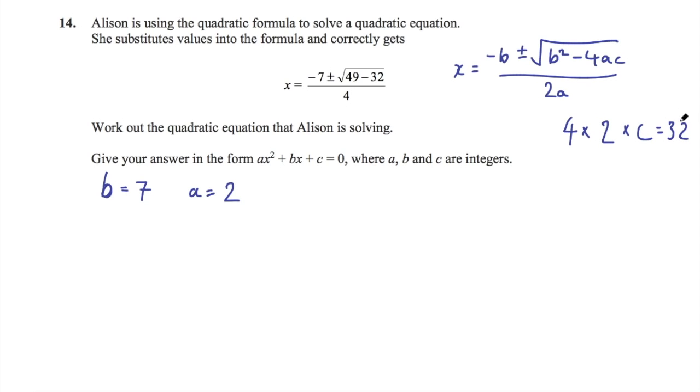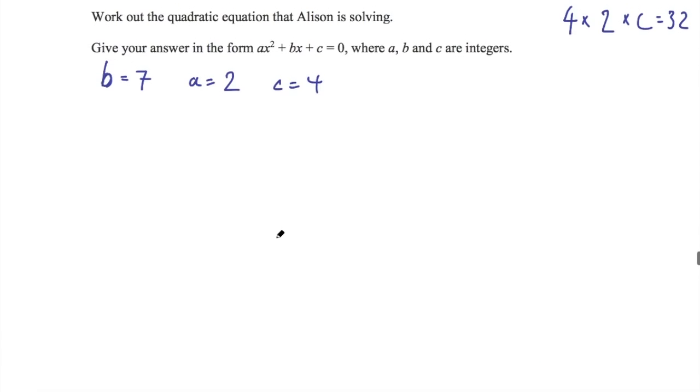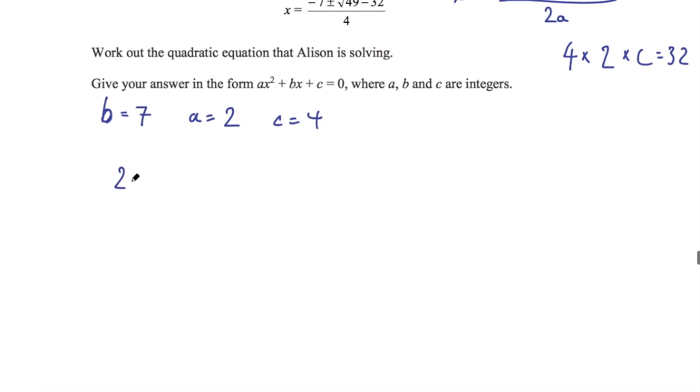So 8 times c is 32, so c must equal 4 there. So now we have a, b, and c, and we just need to write that out in this formula. So that's going to be 2x squared plus 7x plus 4 equals 0 for that equation in that form.